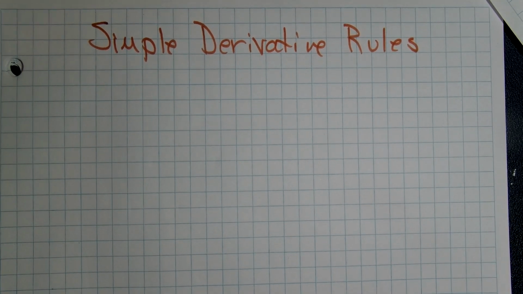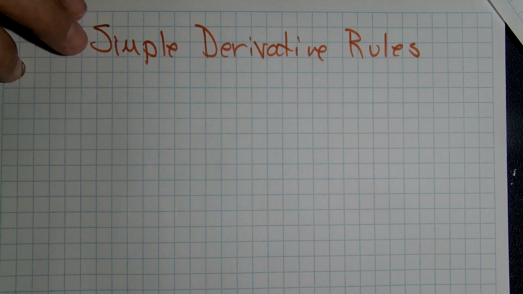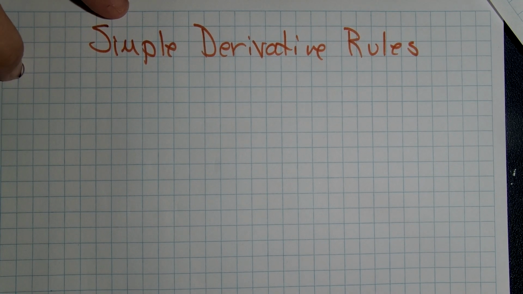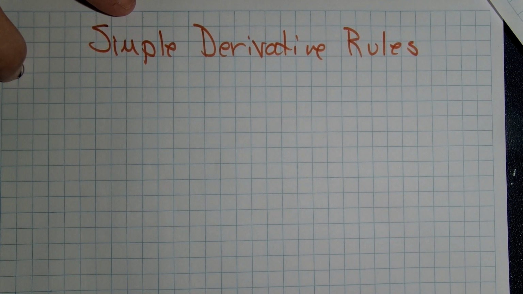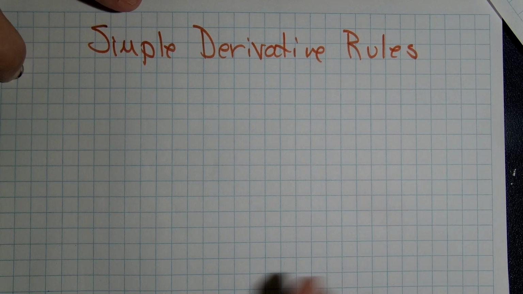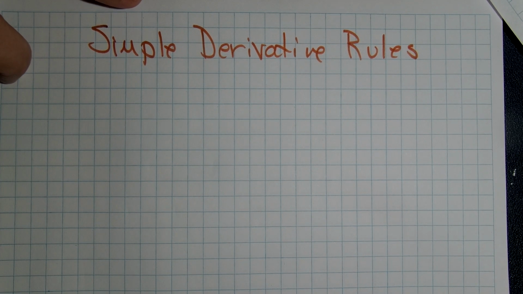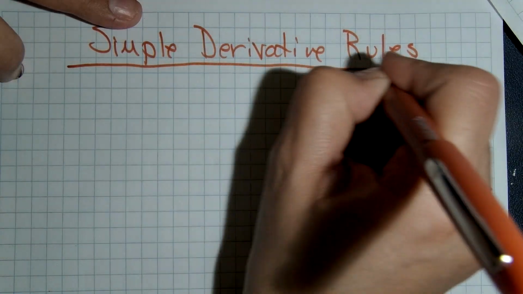I told you this at the beginning of the year and at the beginning of the quarter. Now, I will still provide you with a formula sheet, so you don't have to memorize the formulas, okay? You just have to know how to use them, okay?